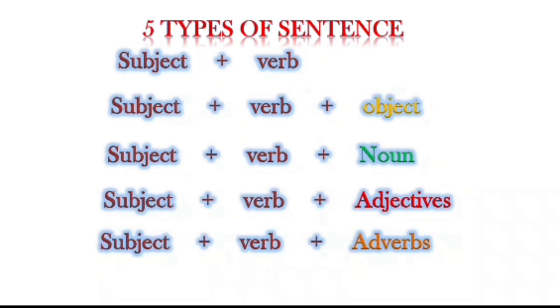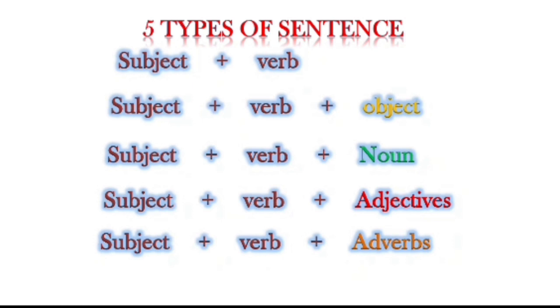Okay, now see the 5 types of sentences. Here the structure. Subject plus verb, the first structure. Second one, subject, verb and object. Third one is subject, verb, noun. Then fourth one is subject, verb and adjective. Then fifth one, subject, verb and adverb.